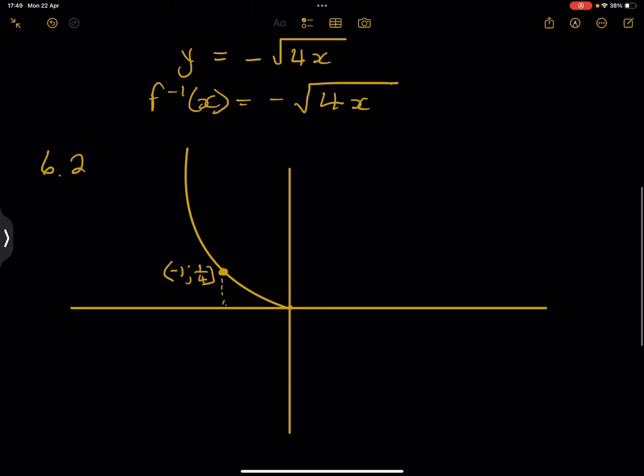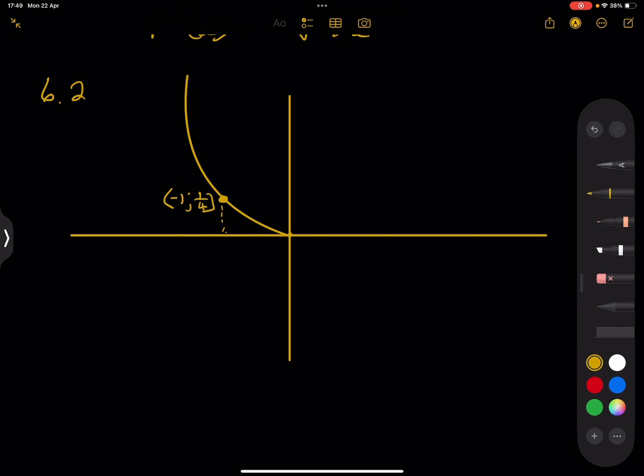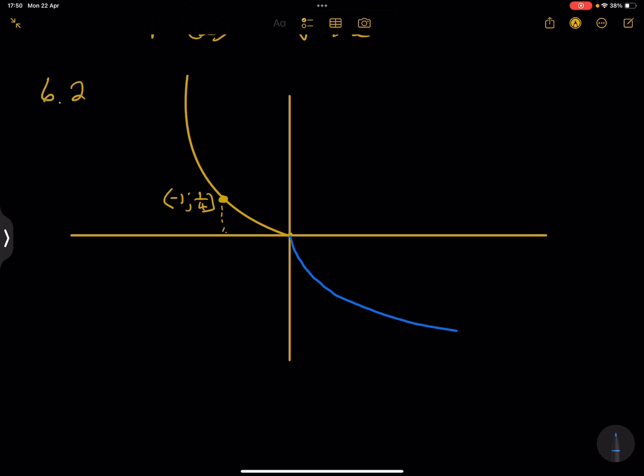Now notice, ladies and gents, what about the inverse? It would be exactly like the original graph. The only difference in this case is that remember we said it is actually on the negative y values. So what would be a point that I know of?